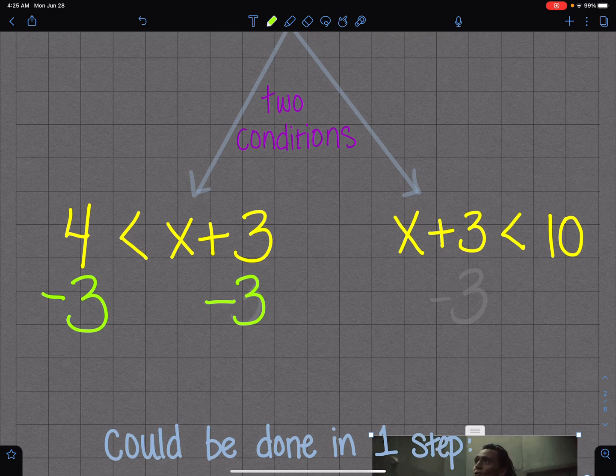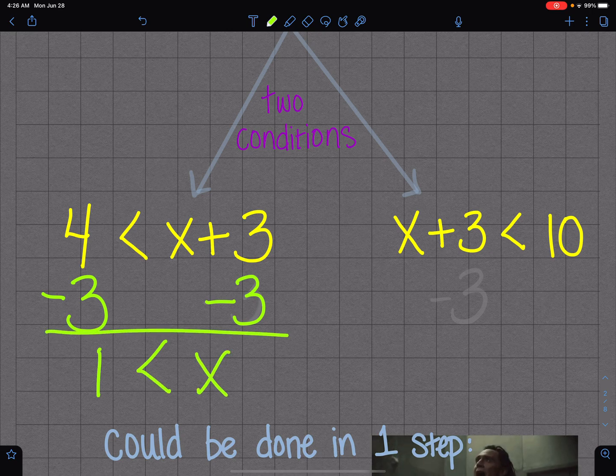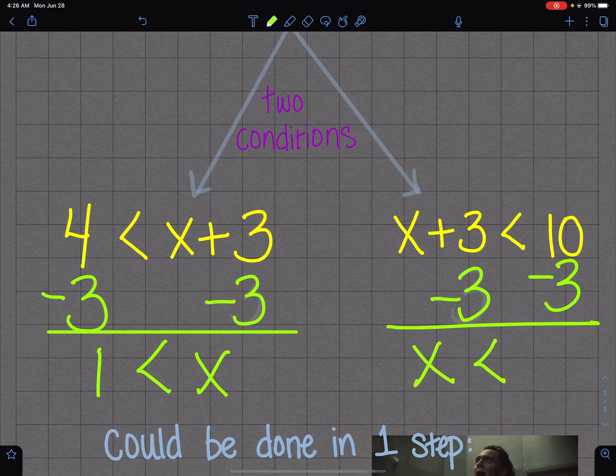And then you would be left with x is greater than 1 on that side, right? And then we're going to do the same thing for that second condition where we have x plus 3 is less than 10. We're going to subtract 3 from both sides, and we have x is less than 7.